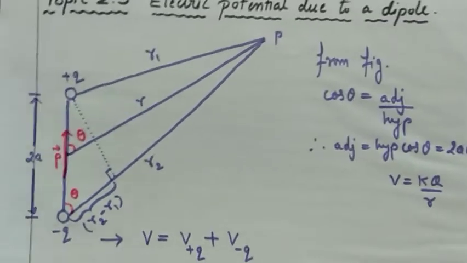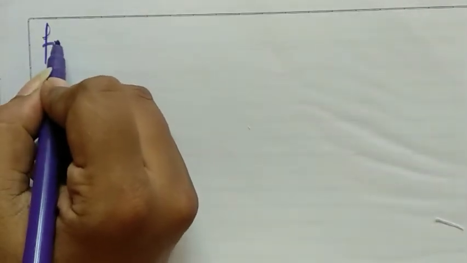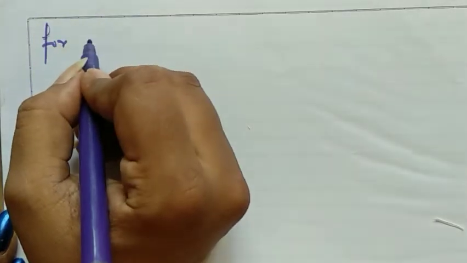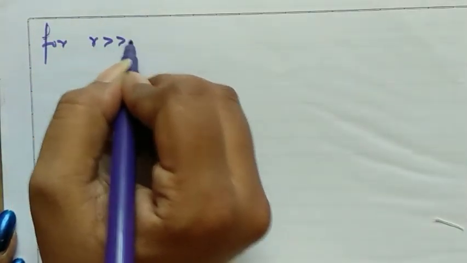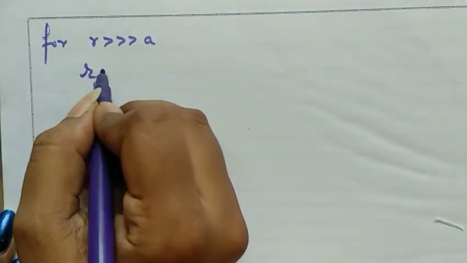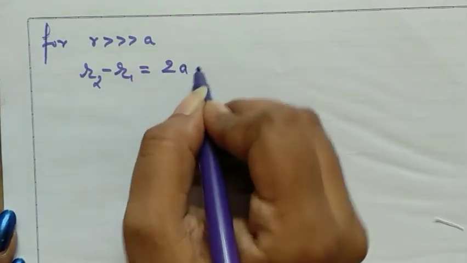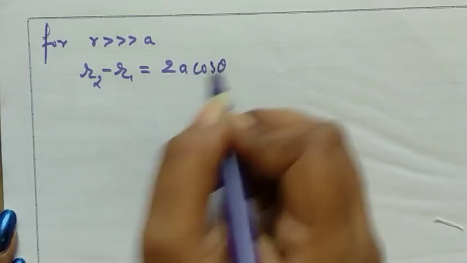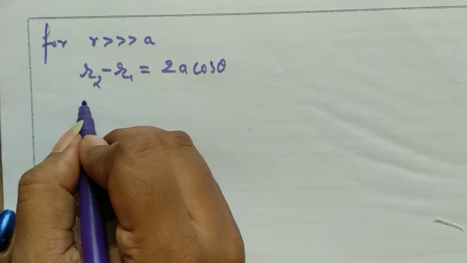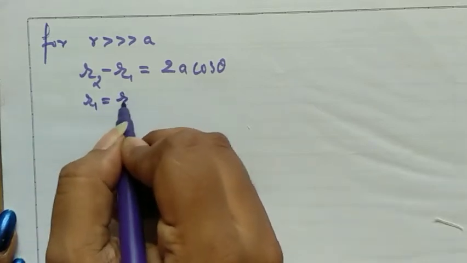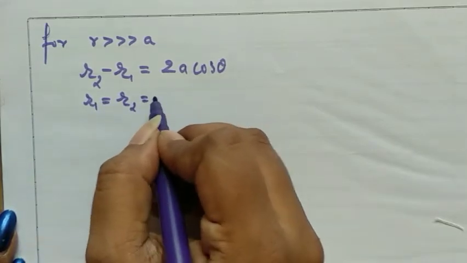So now what I will write is, for R very big than a, I can say that R2 minus R1 is equal to 2a cos theta, and one more thing, R1 will be equal to R2 and that will be equal to R.